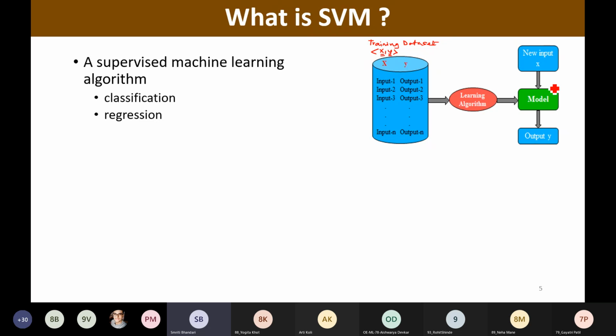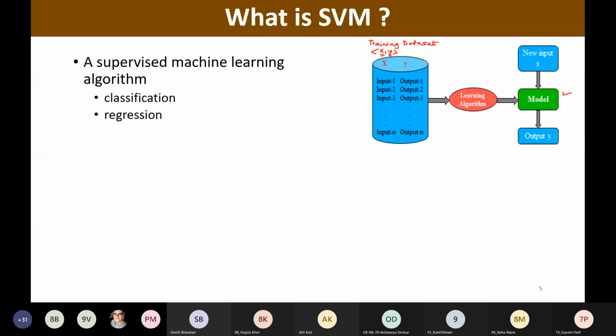So once this model is being created, we provide the test sample or the new input x to this particular model, and based on whatever is the experience, based on whatever is the knowledge that has been learned by learning algorithm, this model will predict the class for unseen data. So this is how our supervised machine learning algorithm works.